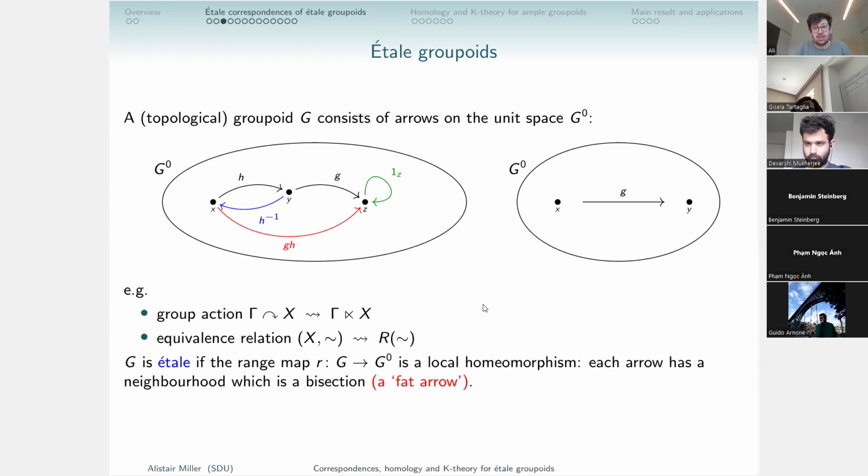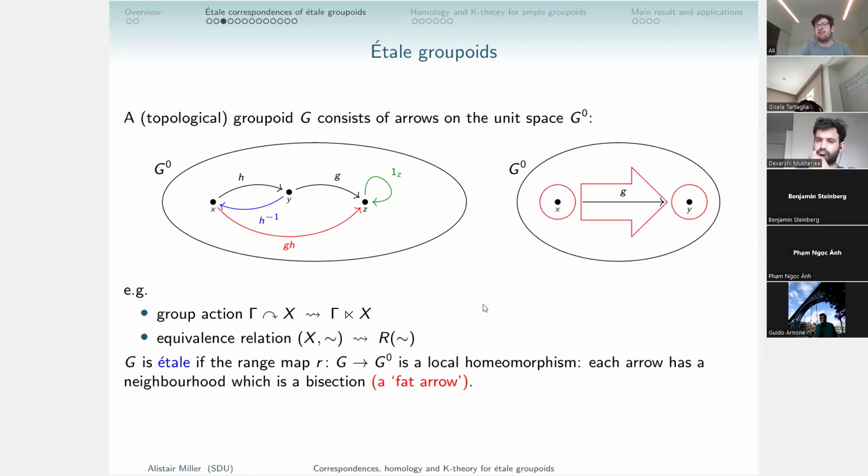And I work with étale groupoids. So this means I want the space to be topological, but I don't want to consider any more. I only want to have to think about the topology of the space, really. So the point is that the topology of the whole groupoid is inherited from the topology of the space through the range or equivalently the source map.